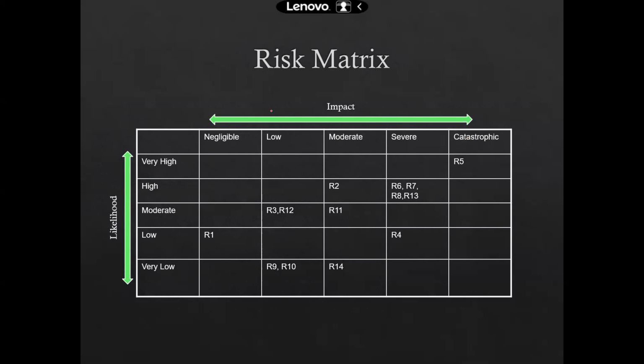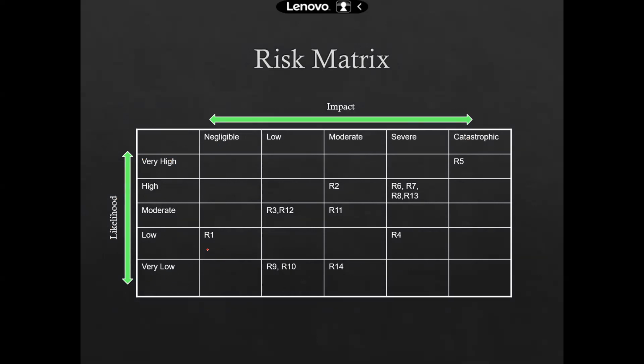Now, remember, the impact comes at the top on the x-axis, whereas the likelihood comes on the y-axis like this, right? And you should always start with the negligible, low, moderate, severe, catastrophic. Whereas over here on the likelihood y-axis, it is very high, high, moderate, low, and very low, right?